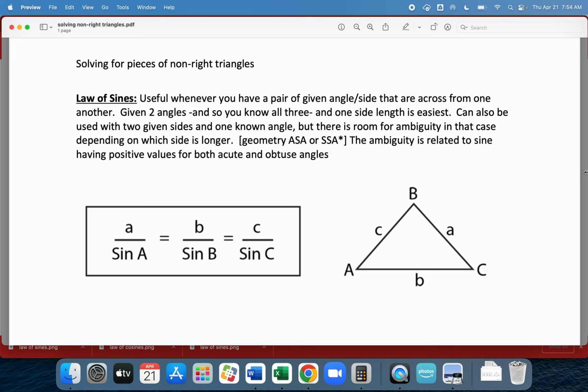If I use the triangle on the right, in this one I have this angle labeled as angle C, there's this side opposite, and then there's this hypotenuse. A is the hypotenuse of this right half of this triangle.